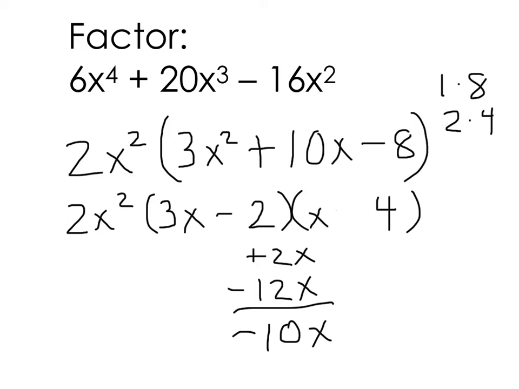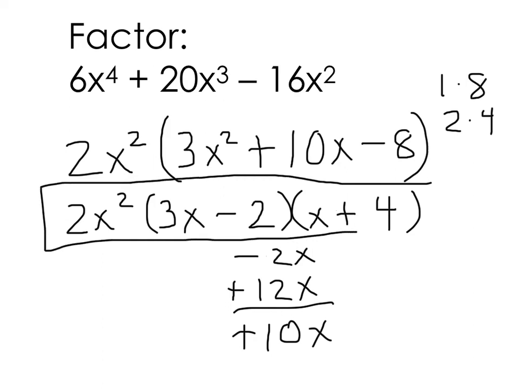What happens if we make this negative and this positive? That would change it to a minus 2x, a positive 12x, giving us a positive 10x. So 3x times x is 3x squared. 12x minus 2x, 10x. And negative 2 times positive 4 is negative 8. So this is our solution.